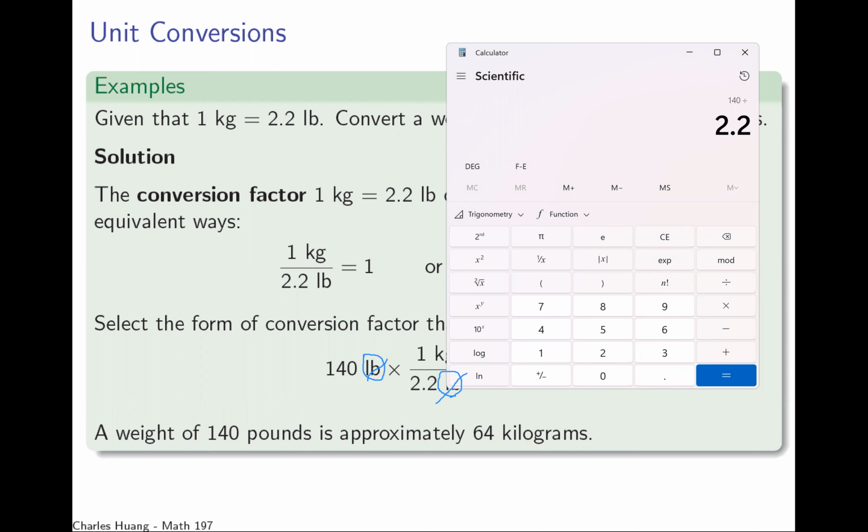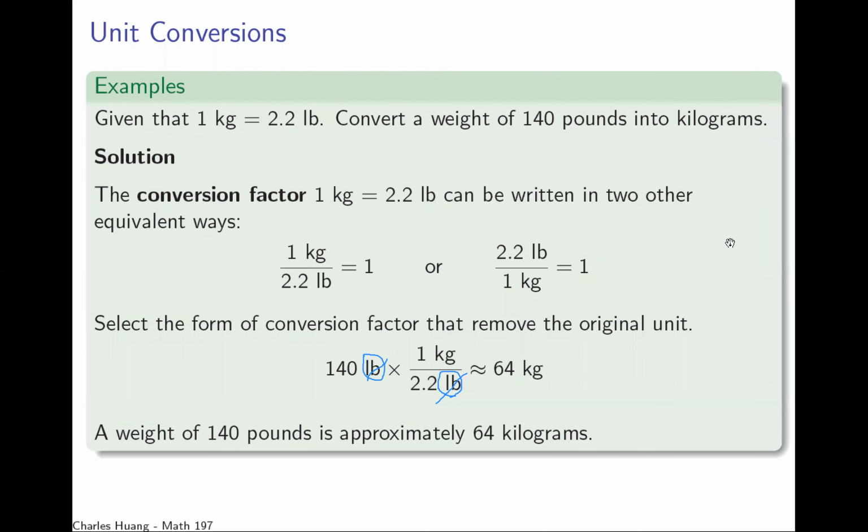So I don't have to worry about that. And then I press the equal sign, and that gives us the answer. The answer is roughly 64.